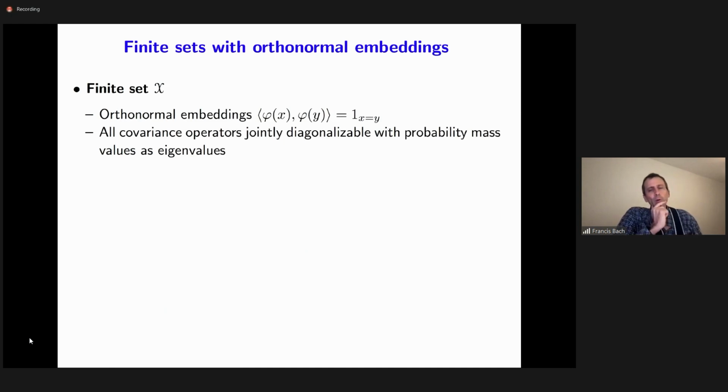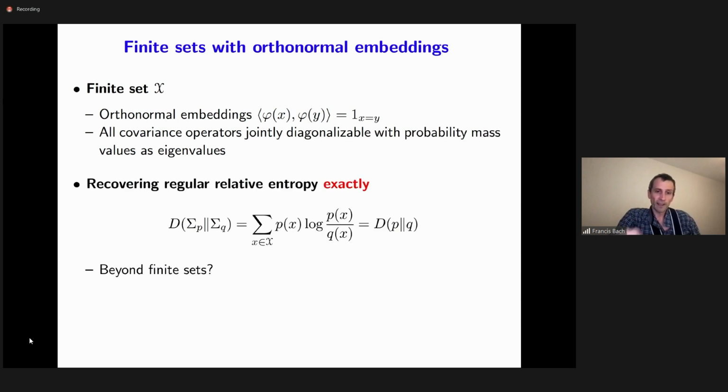So let's look at what it is for my example with the finite set with orthonormal embedding. Remember that for that set, sigma p is simply diag of p. So everything is diagonal. Another way of putting it is that all matrices can be diagonalized in the same basis, so all those logs of matrices will be easy to do.